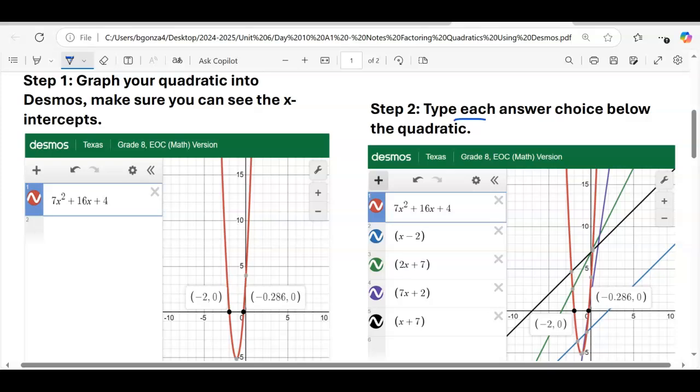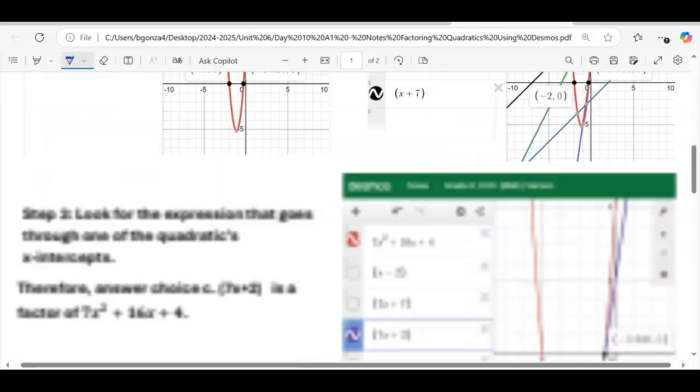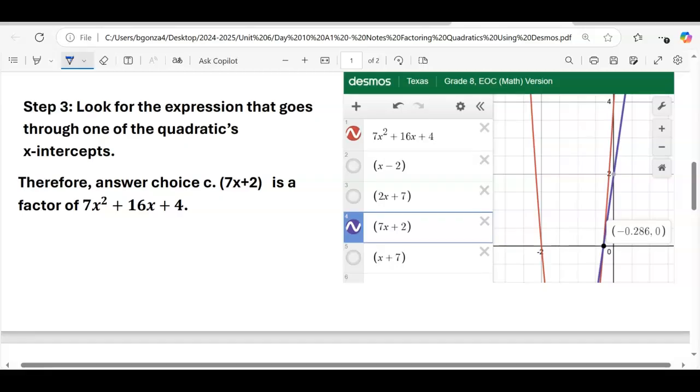So see all A, B, C, and D are typed in here, and that gives you 4 straight lines. Okay? So right now it looks like a bunch of madness. Nothing is perfectly lining up. That's fine. But step 3 is important. When I'm looking for a factor, I'm looking for when it goes through one of the x-intercepts. Can you underline x-intercepts?